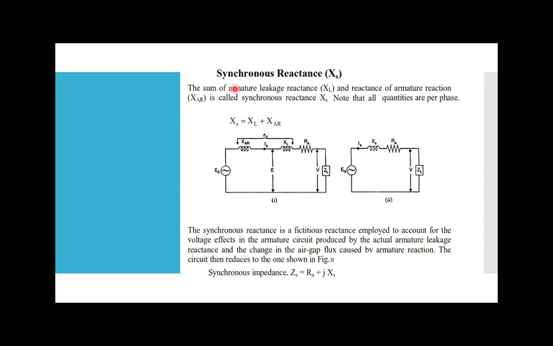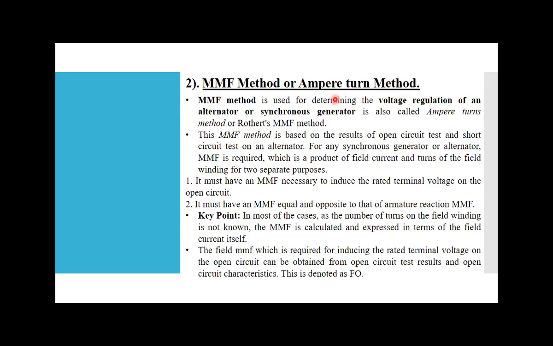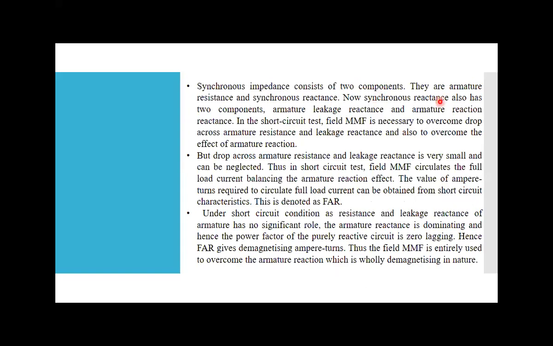XL is my armature leakage reactance, and XAR is the reactance of armature reaction. So again it is written here. Synchronous reactance is divided into two components: armature leakage reactance XL and armature reaction reactance XAR.